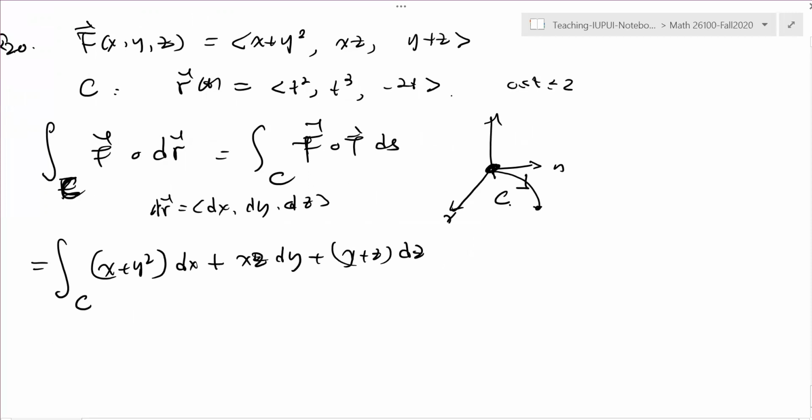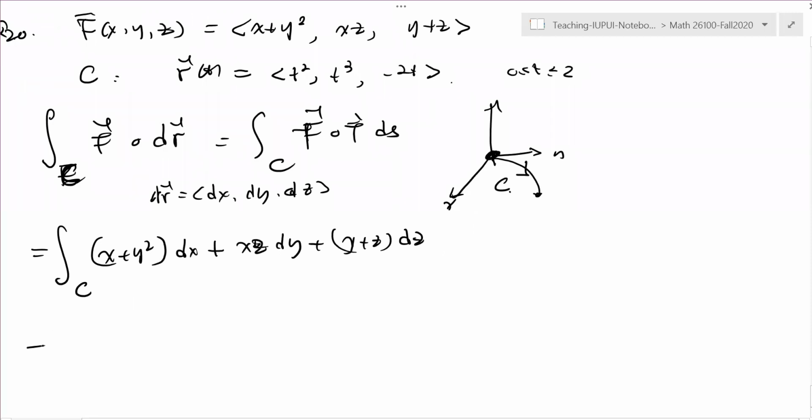Now you have to use the parameter t to evaluate the integral, where t is from 0 to 2. What is my x here? x is t squared. y is t cubed, and y squared is t to the 6. dx will be 2t dt, that's the first term.